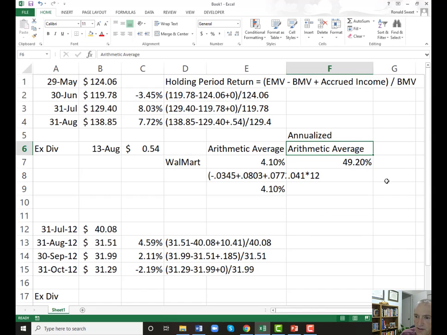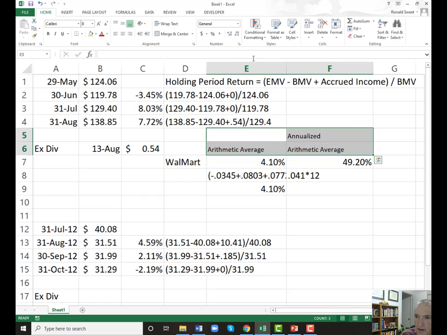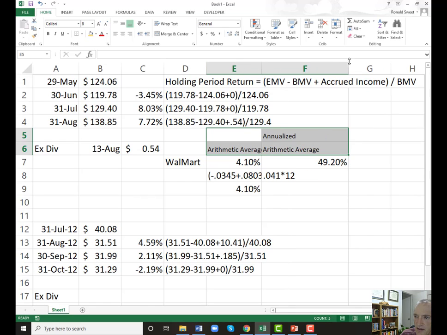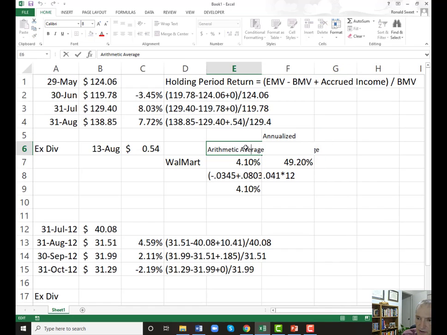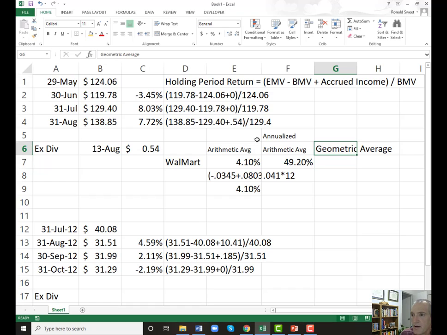All right, so now let's shrink these down a little bit and work on the geometric averages. So the geometric average, here's the formula. It's a little bit more complicated.